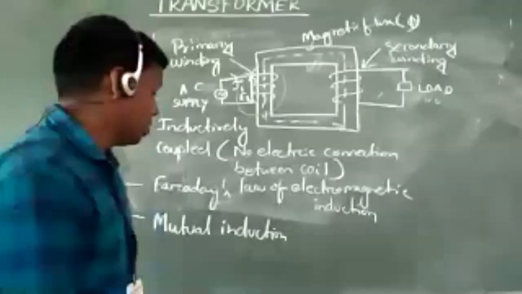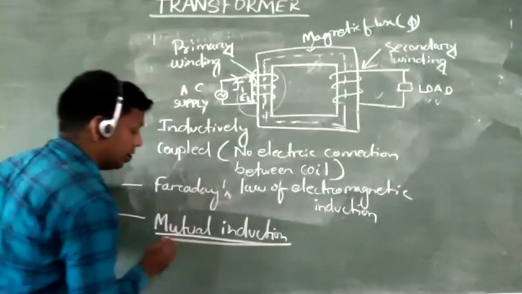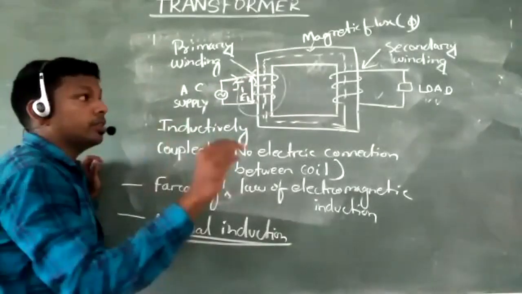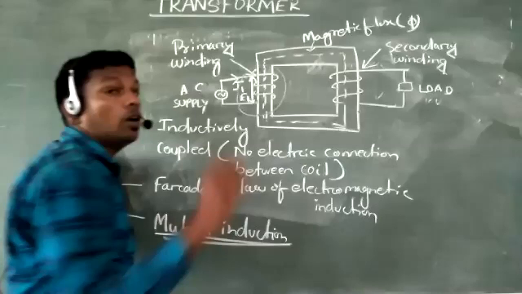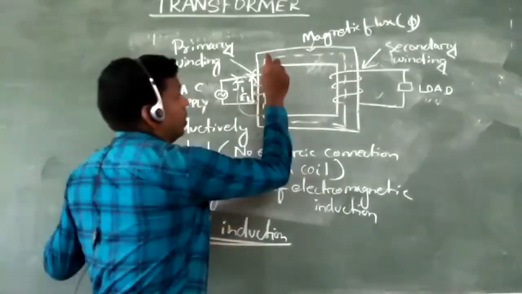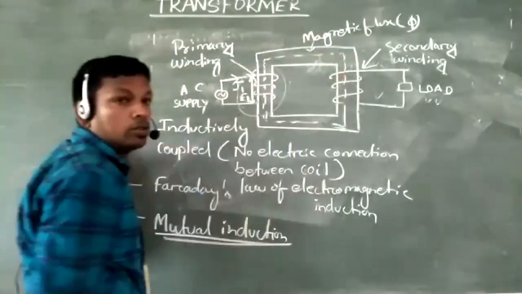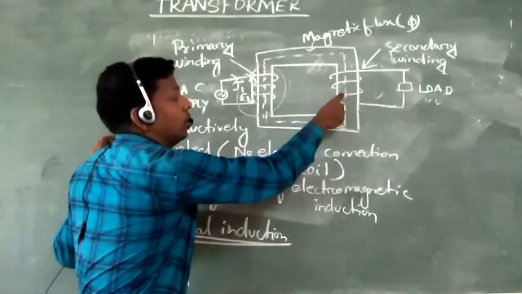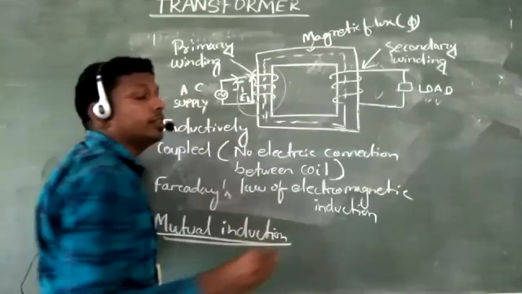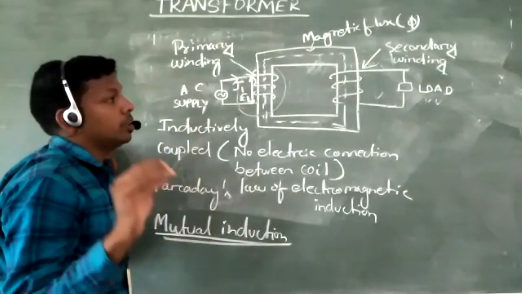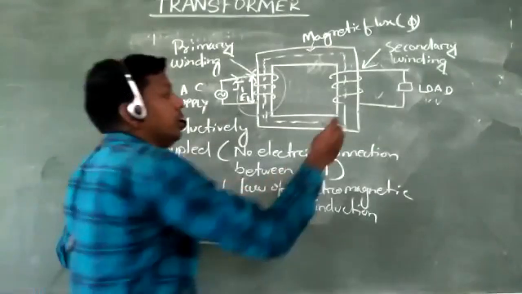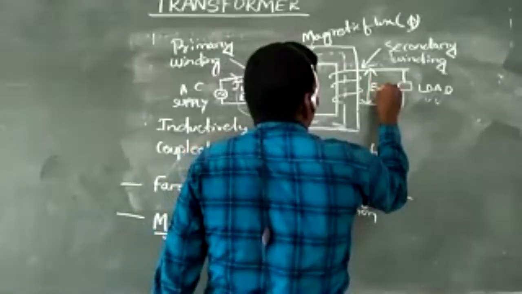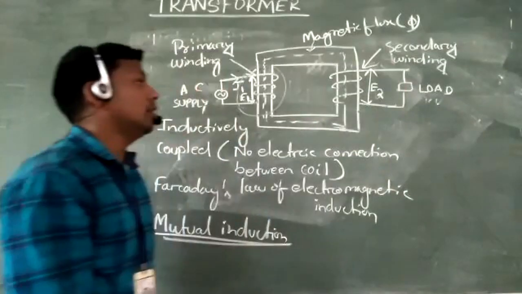That is why it is called mutual induction. It means in one coil current flows, and some EMF is set up in the other coil. The flux linking to the secondary side again changes with respect to time. Hence, some amount of voltage is set up in the secondary winding, let it be E2.